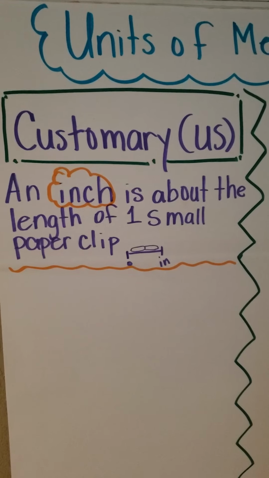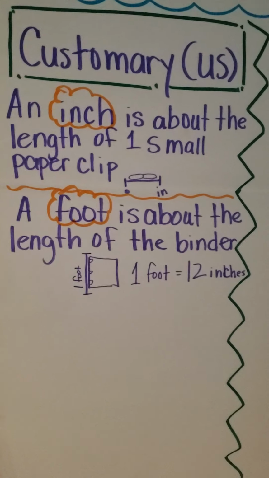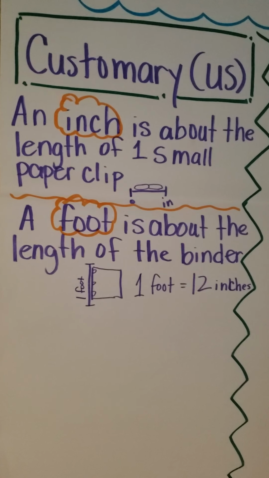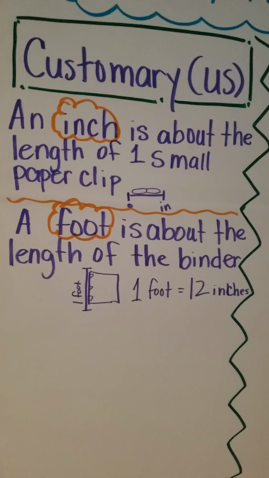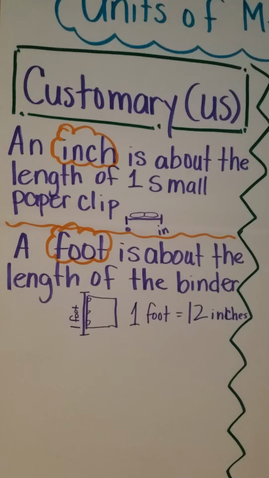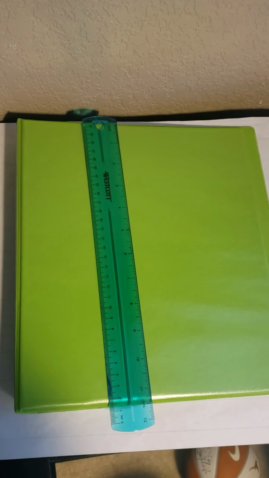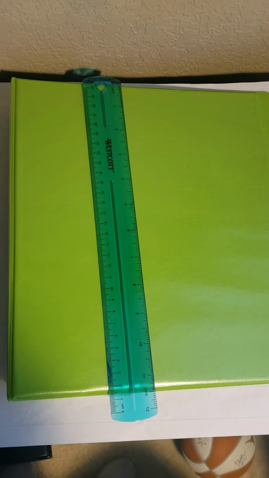Now let's take a look at 1 foot. Next on my chart, I have a foot. And a foot is about the length of the binder. So let me show you. I'm going to walk over here to my binder and back to my ruler.